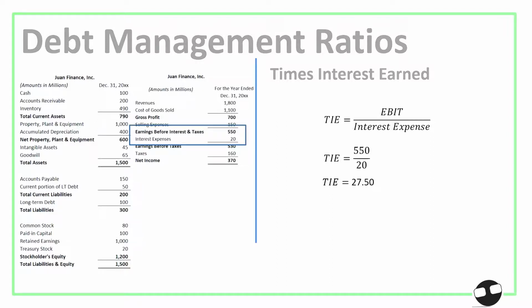So this is the number of times that the interest expense is covered by the earnings of the company. That's 27.5 times. Or we can also say that for every 1 peso interest expense of the company, they have 27.50 pesos earnings coverage.